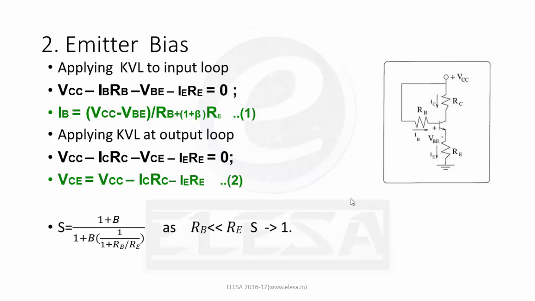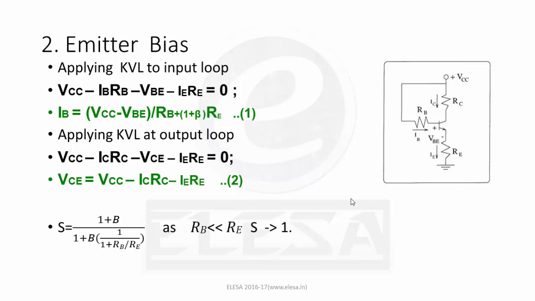Then we get VCC minus IC RC minus VCE minus IE RE equal to 0, that is VCE equal to VCC minus IC RC minus IE RE. So we get IC and VCE, that is the values of the operating point. By using the first equation, we can find the stability factor, equal to (1 plus beta) divided by (1 plus beta times 1 divided by (1 plus RB by RE)).